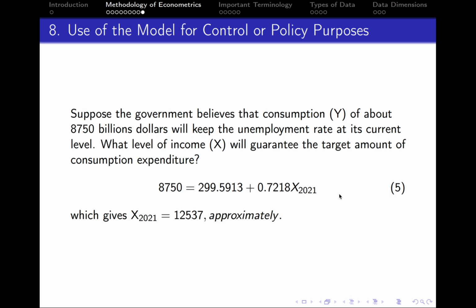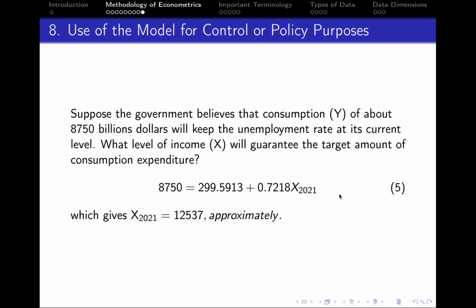So suppose the government believes that consumption of about $8,750 billion will keep the unemployment rate at its current level. So in this case, the policy purpose is to keep the unemployment rate at its current level. And they want to know the level of income that will guarantee the target amount of consumption expenditure.